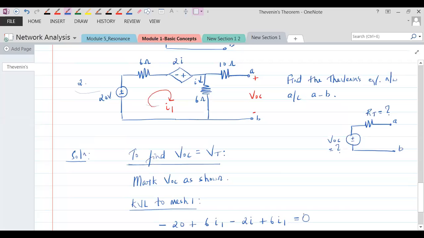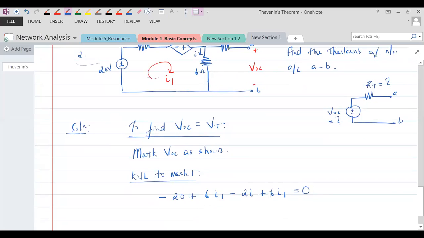This is what I'll write, and the KVL that we write here should be only in terms of the mesh current. Okay, so there is a branch current I.